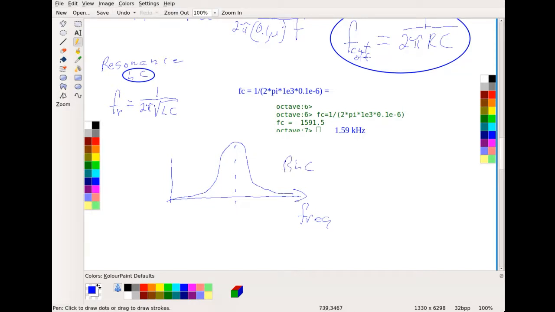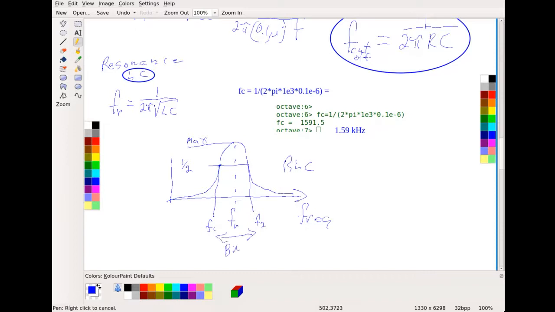This peak value occurs at or near the resonant frequency, and this was our max power. And so we said, well, where's the half power mark? With that half power mark, we defined these 2 frequencies, F1 and F2, which gives us the bandwidth.